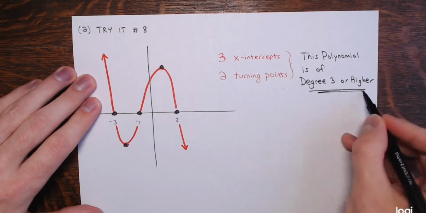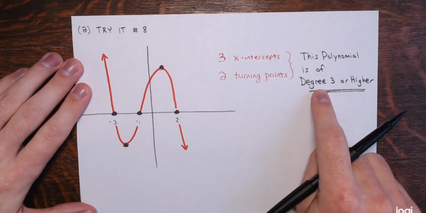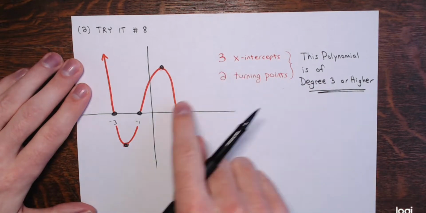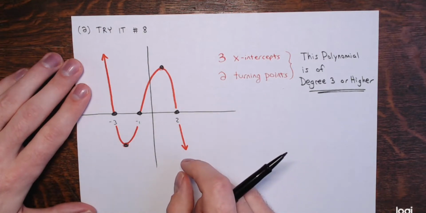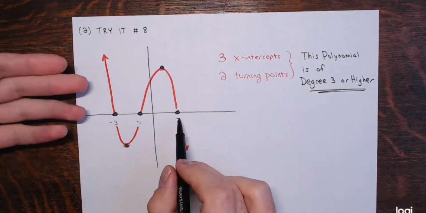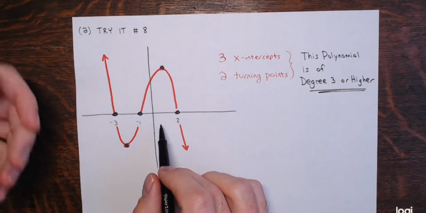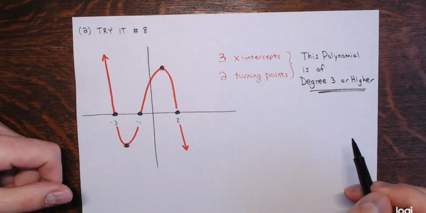Because remember, if it's degree 3, it can't have more than 3 x-intercepts and 2 turning points like this has, right? But it can't have more than that. And if it were degree 5, you know, it can't have more than 5 x-intercepts, which it doesn't. Can't have more than 4 turning points, which it doesn't, right? So this could be a degree 3 or any degree higher.